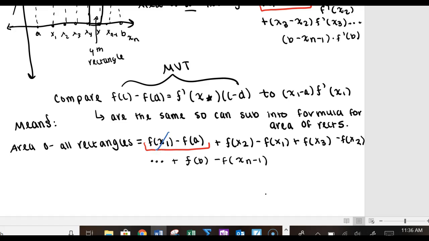We get negative f of a, my bad, negative f of a plus f of b. I'm just going to rewrite this so it looks better. This is the same thing as f of b minus f of a. Pause for effect.